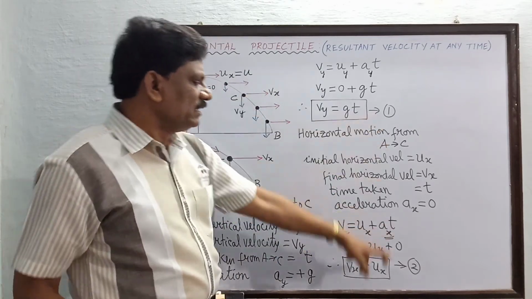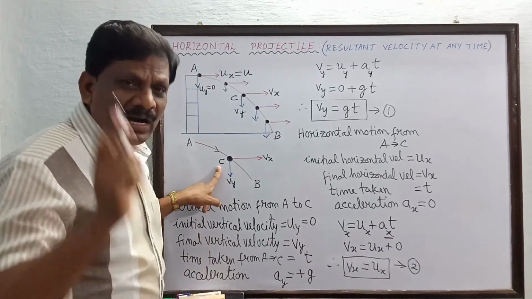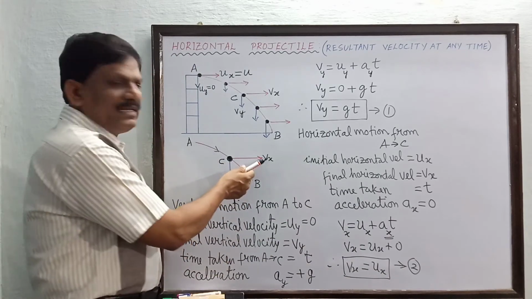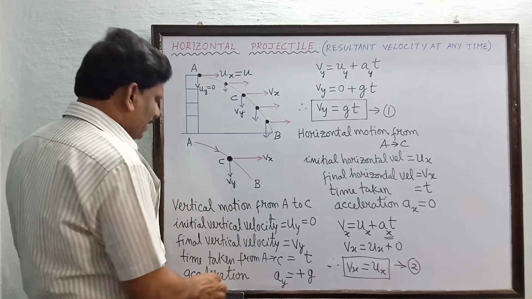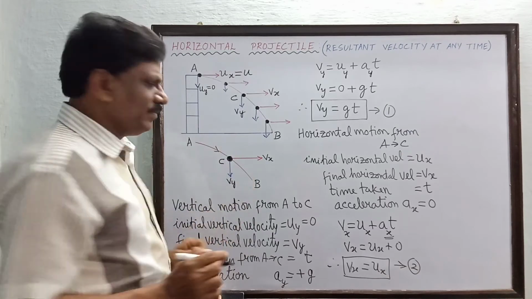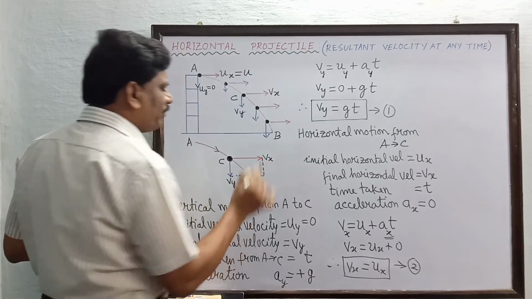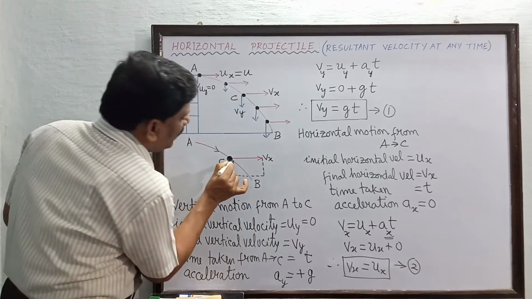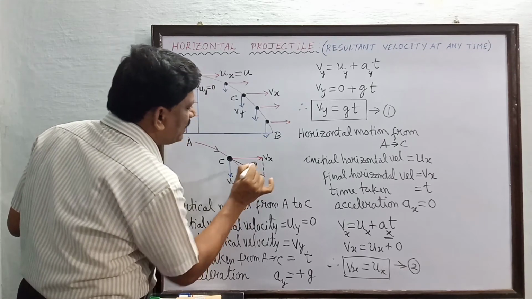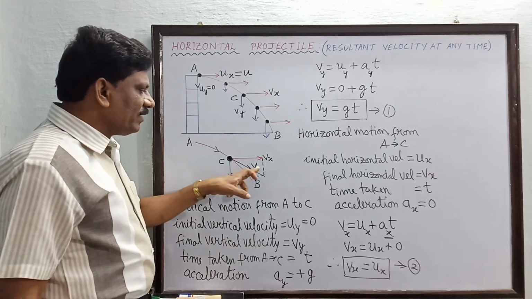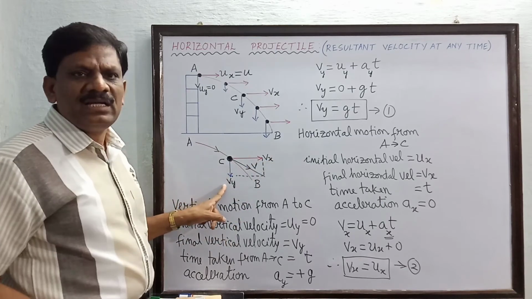Using these two, you can all see that at the point C, the horizontal velocity is Vx and the vertical velocity is Vy. Now I am going to complete the parallelogram. Using the parallelogram law of addition, the diagonal of the parallelogram gives the resultant velocity v, which is the vector sum of Vx and Vy.